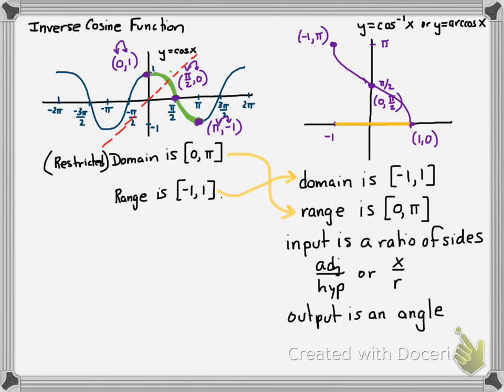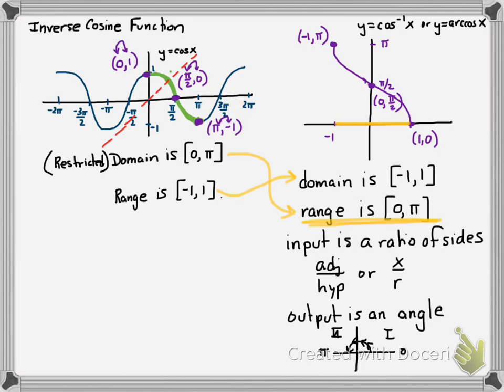And because our range is 0 to pi, the only angles that we are allowed to choose are angles from 0 to pi. So we can only choose angles that are within this top half of the xy plane. Okay, so we only get angles in quadrant 1 and quadrant 2.